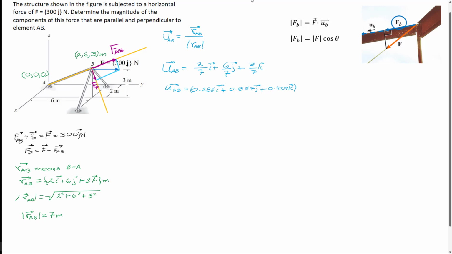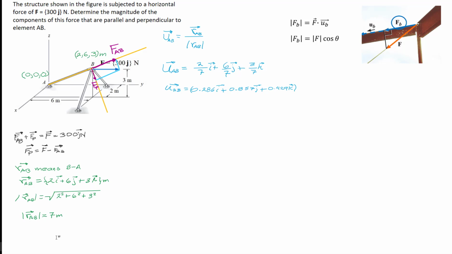Okay, following the formulation of the problem, we have here the dot product. We want to get the component, the one that is parallel or collinear to my yellow line, AB. So this unit vector actually is the unit vector UAB, and this F is F. Remember, both of them are vectors.